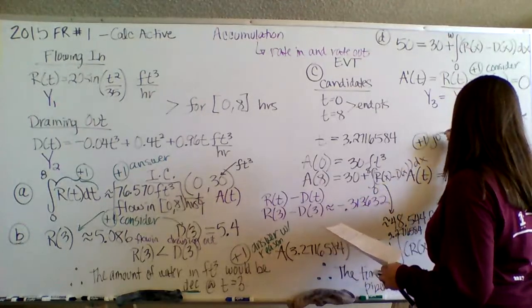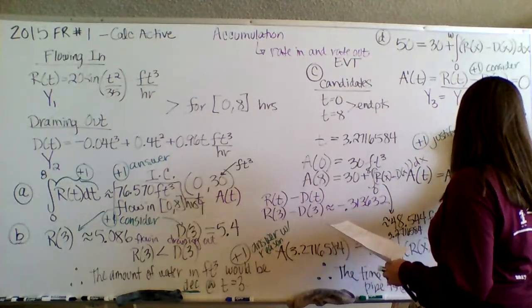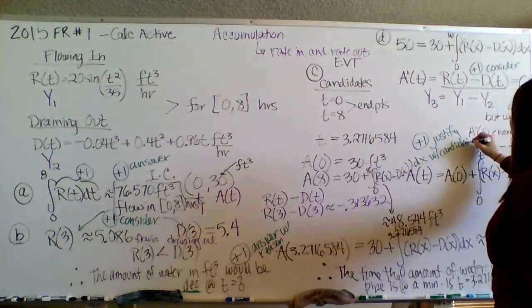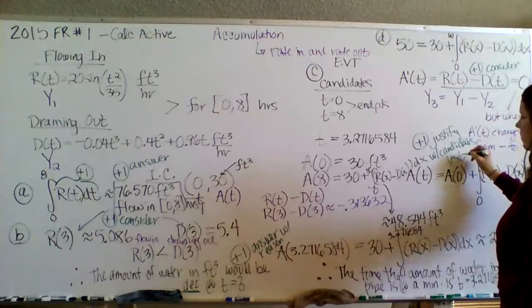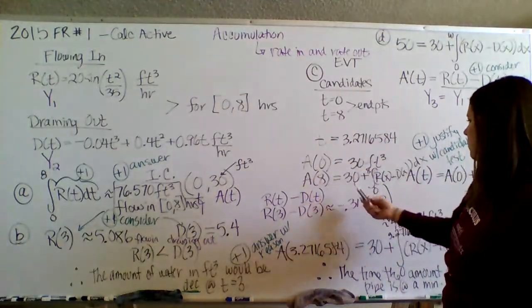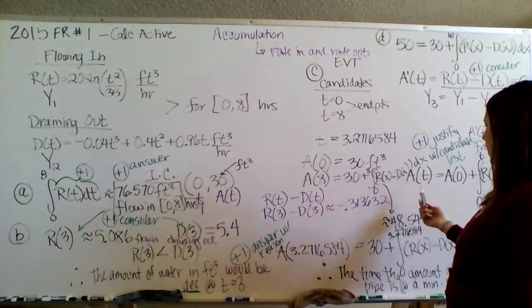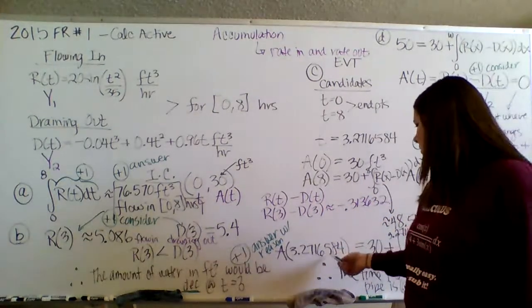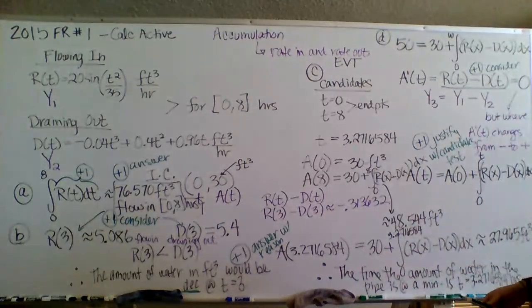So did you justify with your candidates test? Did you run through them all? Did you know that the initial amount was 30 cubic feet? Did you do the endpoint at 8, consider the initial with that, and then did you pick your other time, which ended up being 3.2716584, and try your candidates with that one?